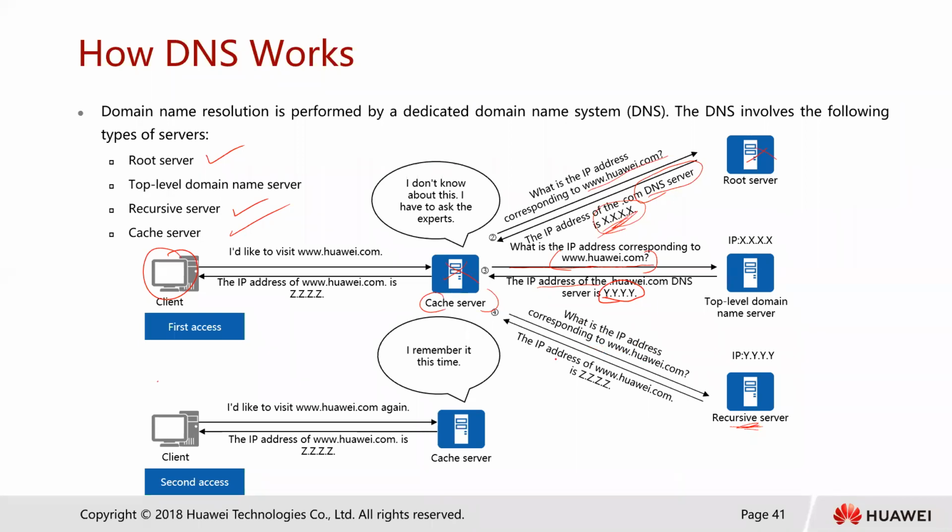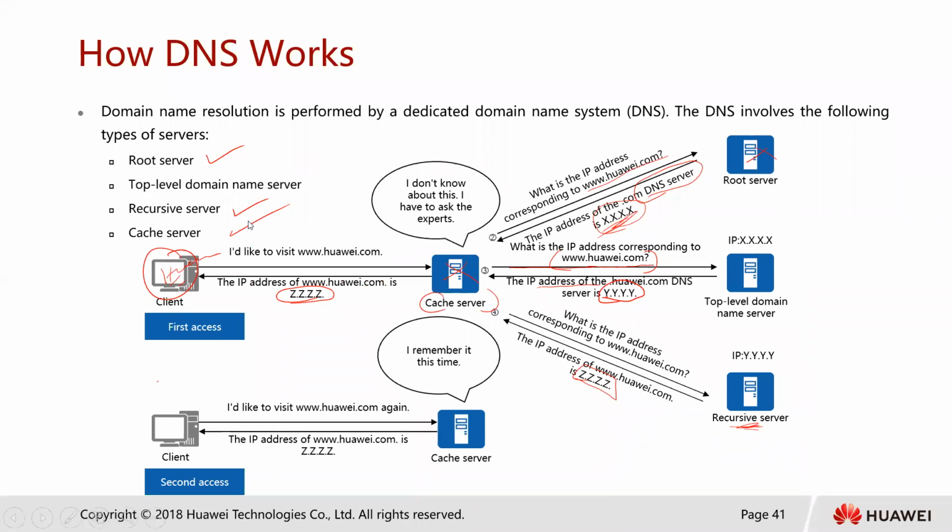Kindly help. And this guy will say the corresponding IP address of Huawei is z.z.z. And then after getting it, he'll be like, you know what, computer, I know you don't understand the word Huawei, but the IP address for Huawei.com is this, and it will be able to establish the connection.